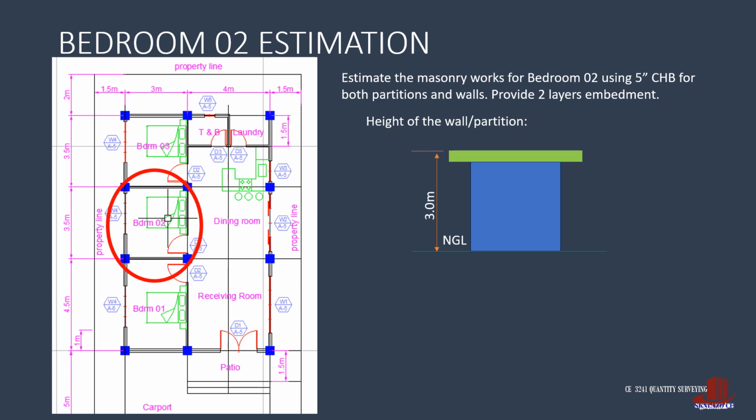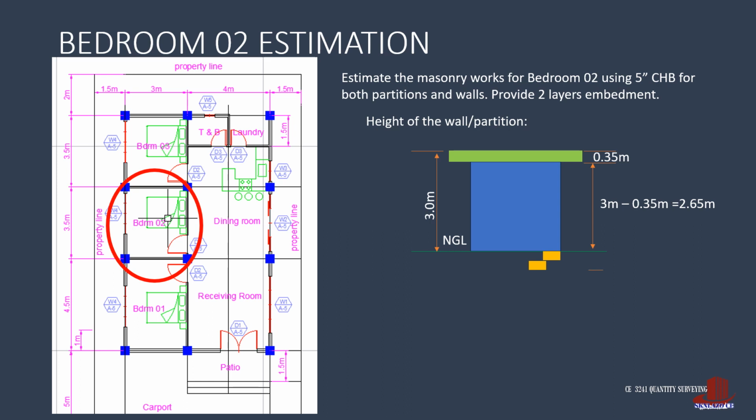This means that 3 meters consists of the wall and the beam. However, the beam has a depth of 0.35 meter, so the clear height of the wall from the natural grade line is 3 minus 0.35, which gives 2.65 meters. There is also an embedment of 2 CHB layers to the wall footing.